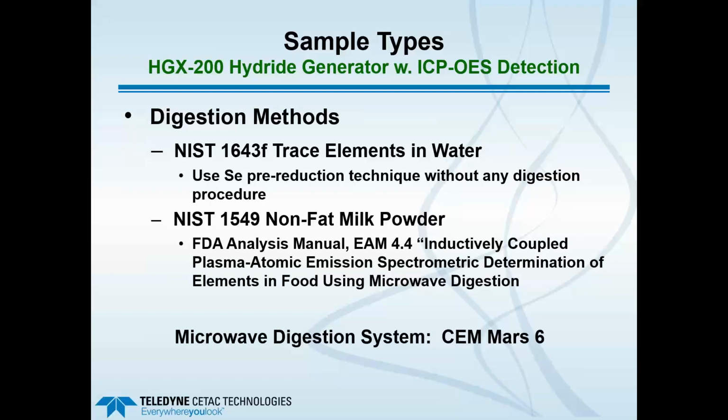So digestion methods. For the NIST 1643 water, we simply use the selenium pre-reduction technique without any digestion procedure, simply the boiling in the HCl. Again, for the non-fat milk powder, we used the FDA analysis manual, the EAM 4.4, to digest that sample. And again, this was done in the CEM Mars 6 system.